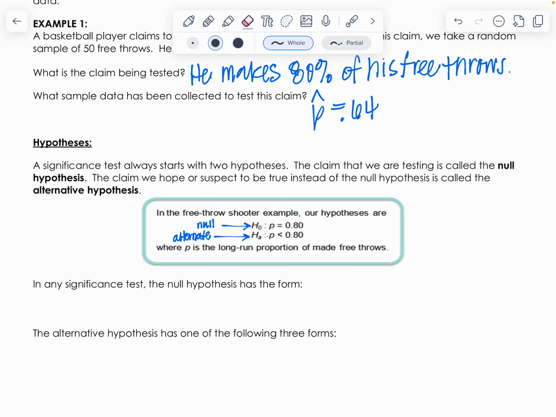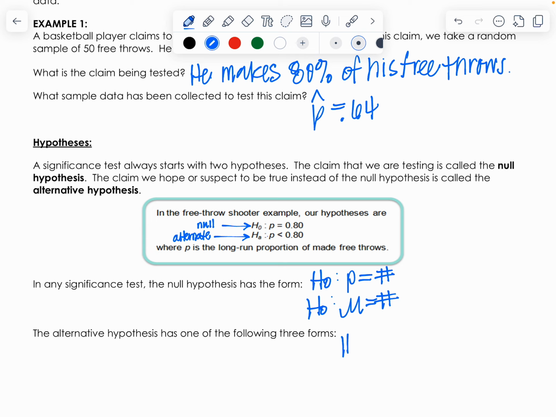The null will always have the form H0. It might say that p equals some number, or if we are looking at means, it would say that mu equals some number. But always, the null hypothesis says that either p or mu is equal to a claimed value.